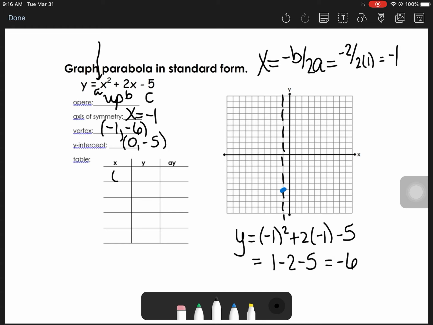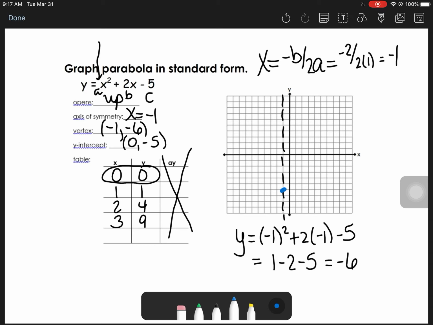We'll create our table by using our parent function values. Our x values will be 0, 1, 2, 3. Then we're going to square each of those. And then we ask ourselves, if the leading coefficient is other than 1, we're going to make our third column. But in this case it is 1, so we don't need our third column. So I'm going to circle the 0, 0 to remind us that that is our vertex.